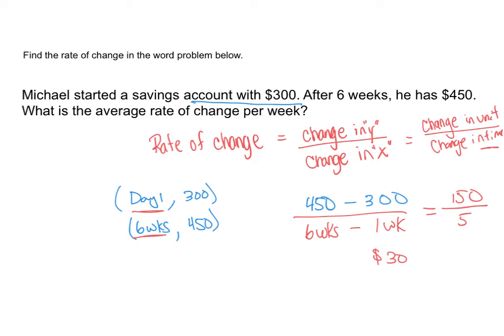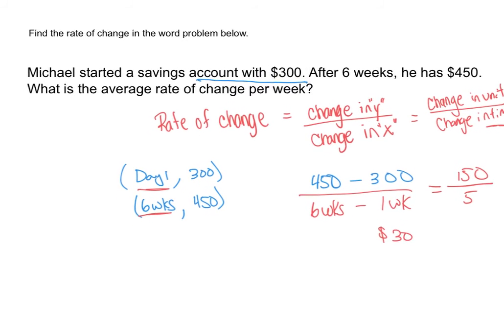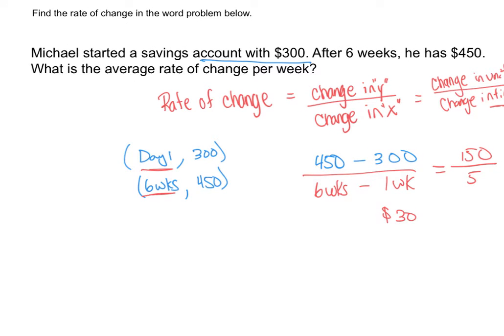Now we can kind of create a table to see if our answer makes sense. So the first week, we have $300. And then week 2, we want to add $30. So that's $330. Week 3, we want to add another 30. So that's $360.